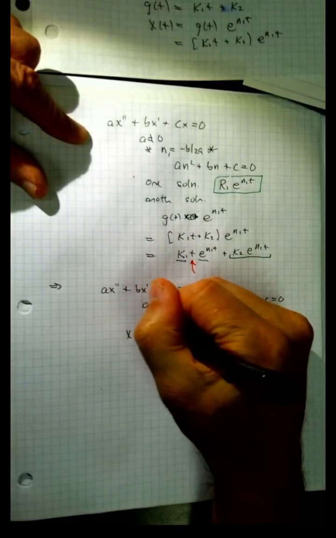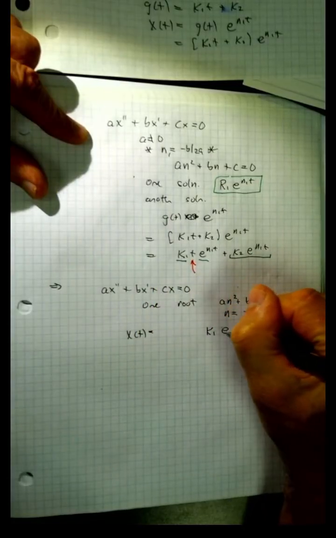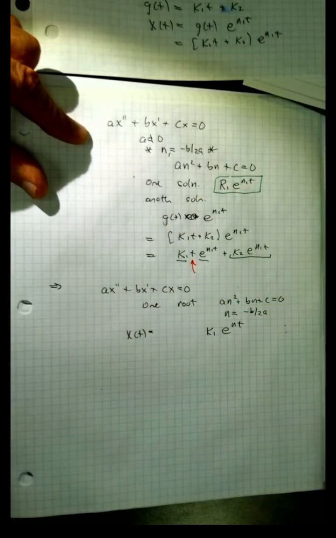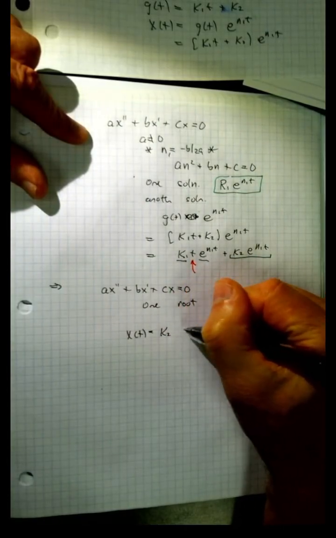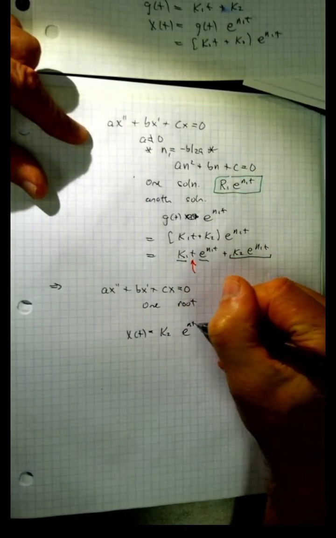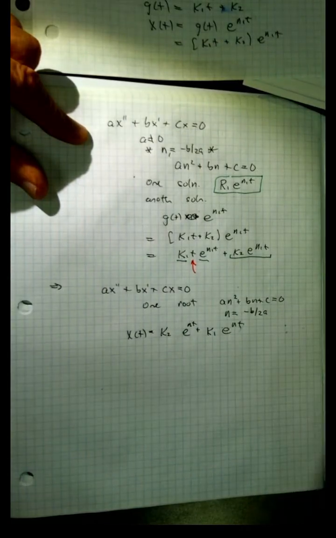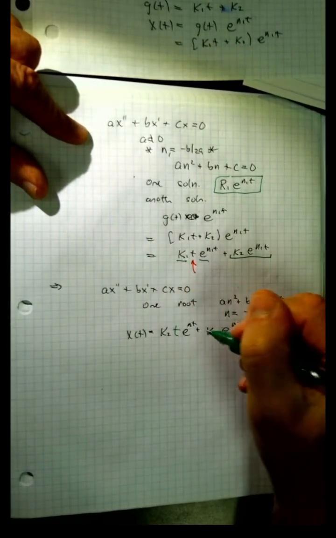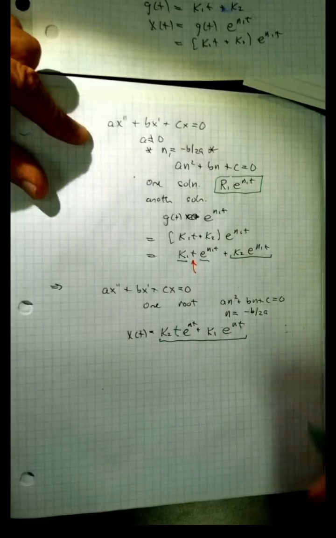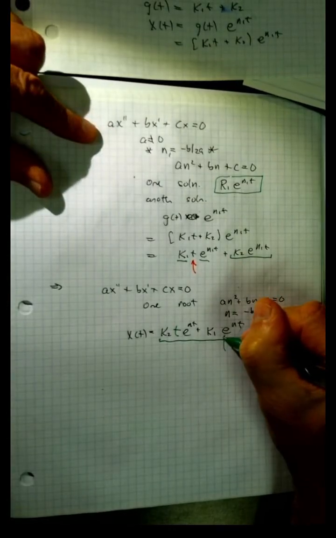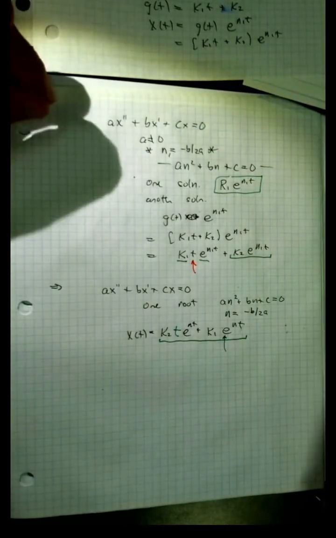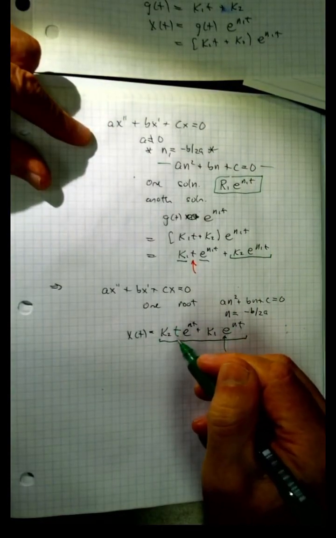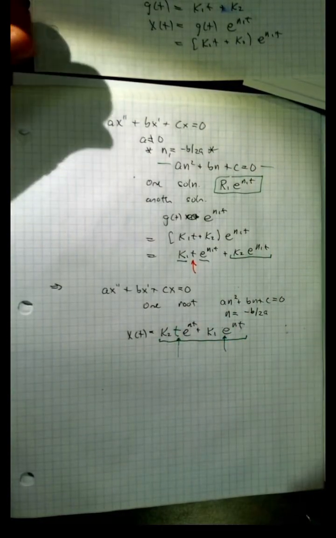Then, for my solution, I know one of my solutions is that, and I can just go ahead and write the second solution as the same thing as that, but I can just multiply by the t. So if this is your only solution based on this equation, you basically can just take what you have and multiply by a t.